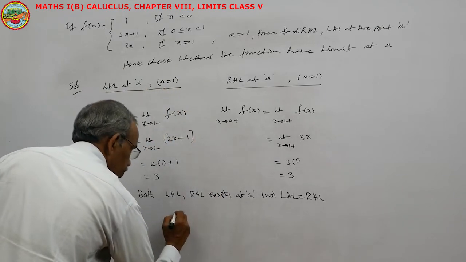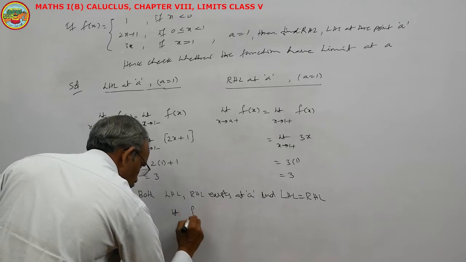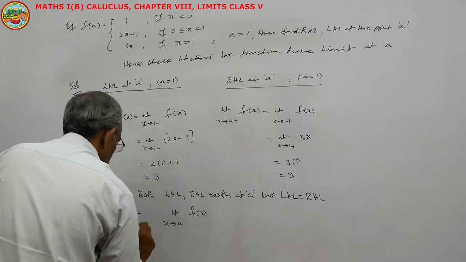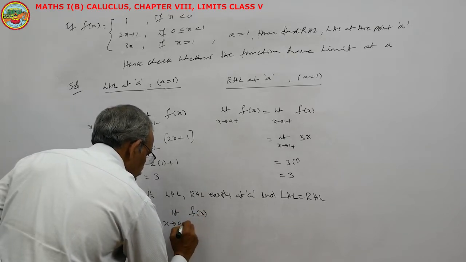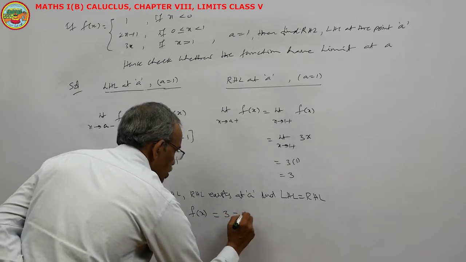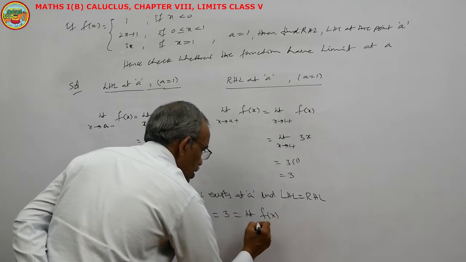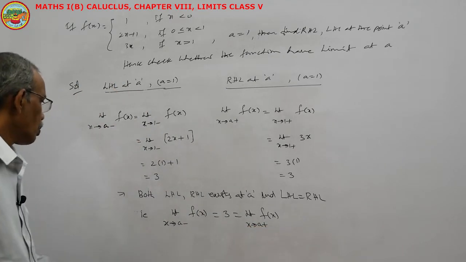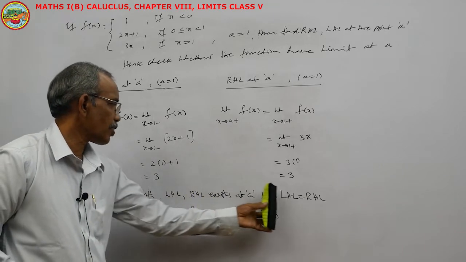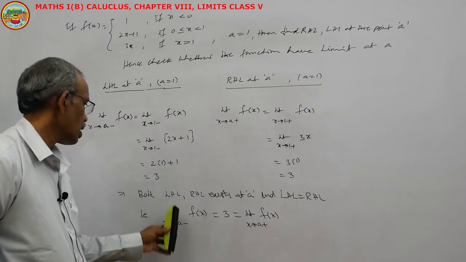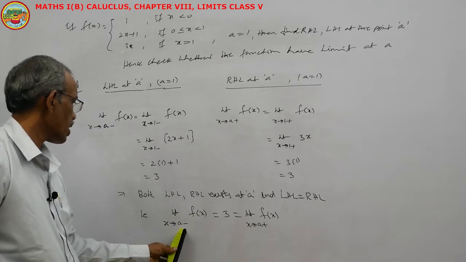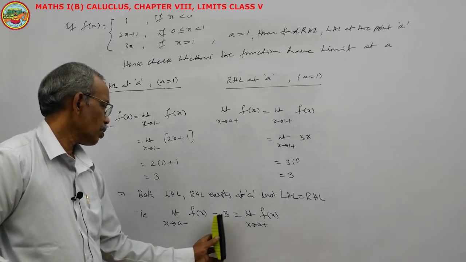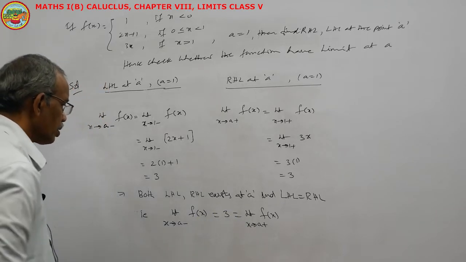That implies the limit of f of x as x tends to a minus is equal to 3, that is equal to the limit of f of x as x tends to a plus. Both exist and the left hand limit is equal to the right hand limit. We write it as: the limit of f of x as x tends to a minus and the limit of f of x as x tends to a plus are both equal, and both equal 3.